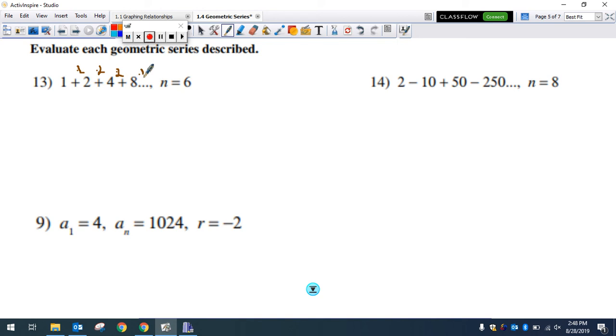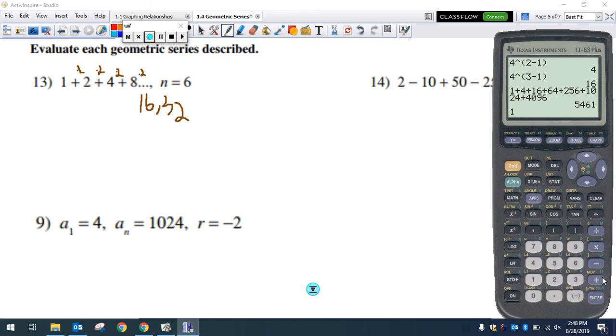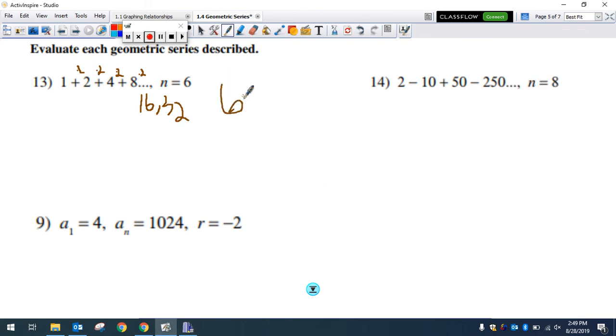So I would do 8 times 2, and that means my next term is 16. And then I would do 16 times 2, which means my next term is 32. And then again, adding them all up, I would do 1 plus 2 plus 4 plus 8 plus 16 plus 32, and 63 would be the answer to this one, 63.